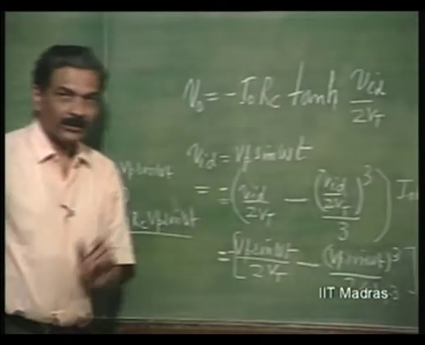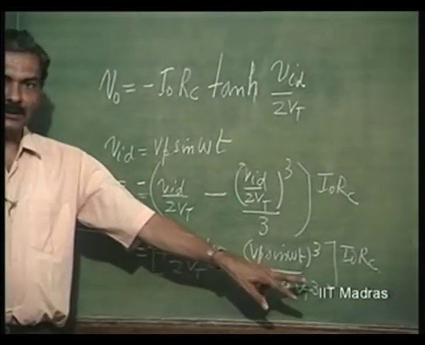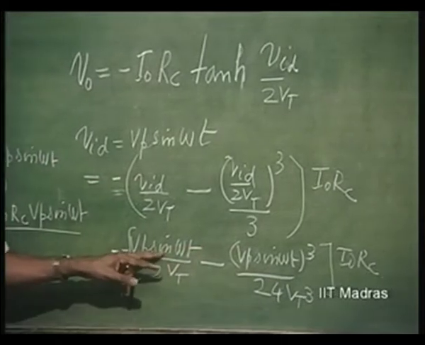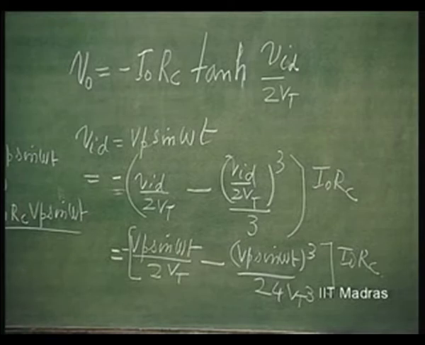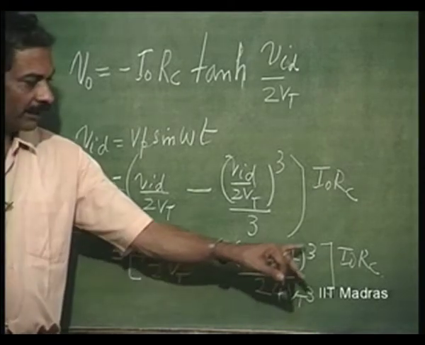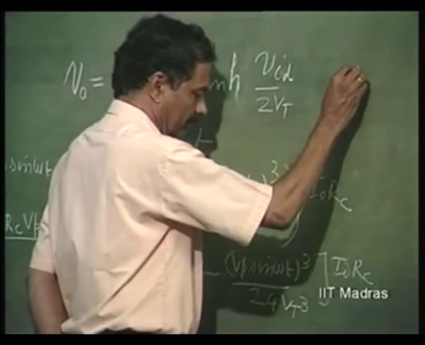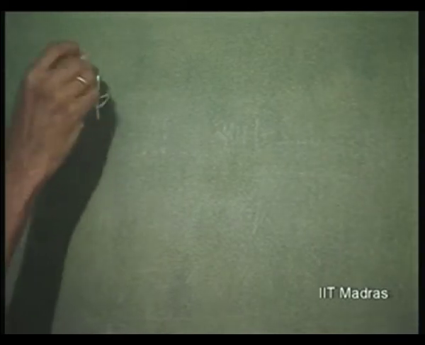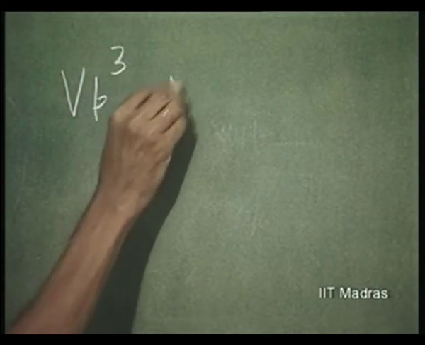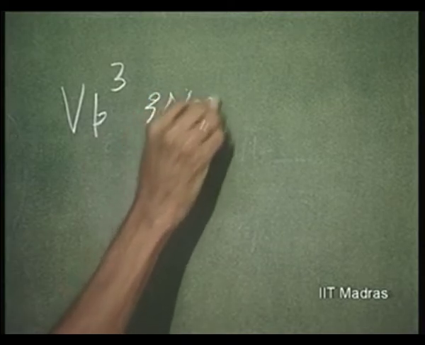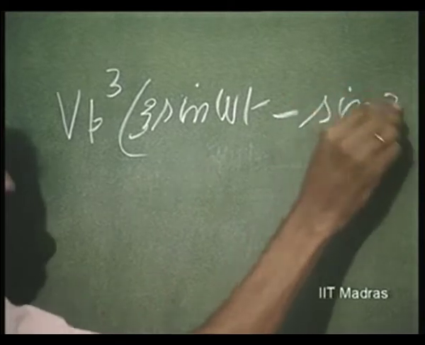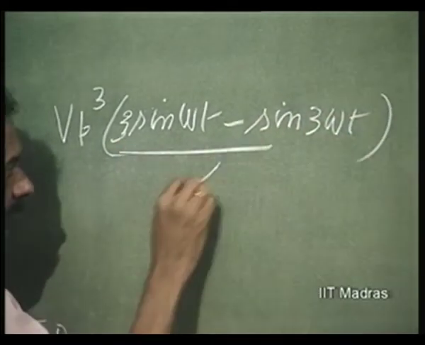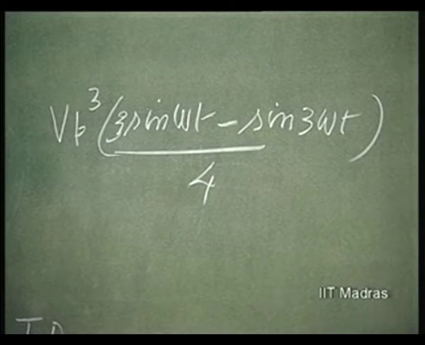This factor is going to cause certain amount of distortion in the signal, because apart from sin omega t component, we will have other components also coming into picture. So, this Vp sin omega t whole cube could be expanded as, that is equal to Vp cubed, 3 sin omega t minus sin 3 omega t by 4, that is sin cubed omega t.